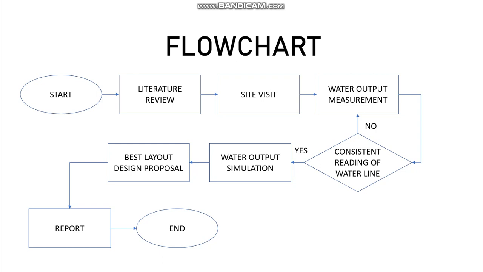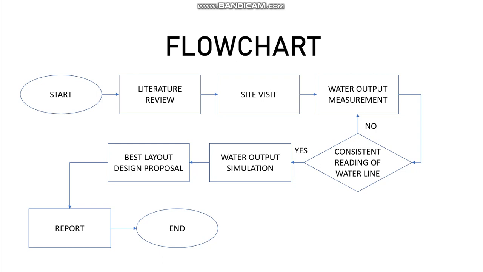And then after visiting fertigation farms, we will measure water output from the system, and if the reading of the water line is consistent, we will proceed, but if it is not consistent, we will repeat the measurement.